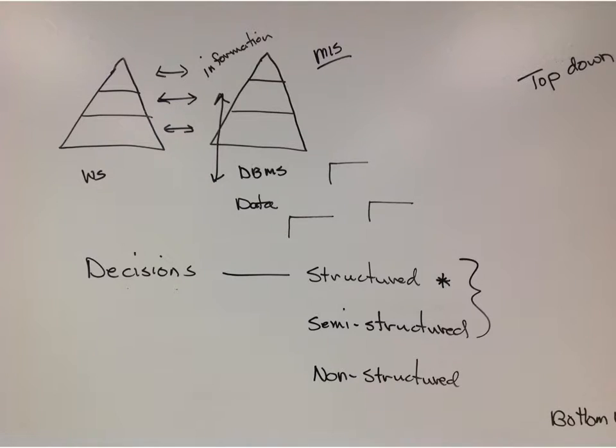So we reviewed very briefly the levels of management, levels of information, got our workforce, we got data, and we moved that data through. We take data, make it information, and for different people within an organization to make decisions.